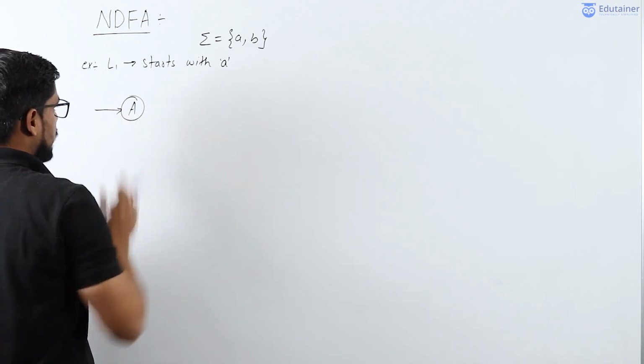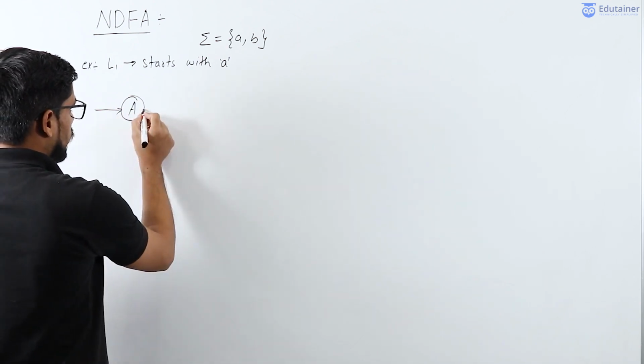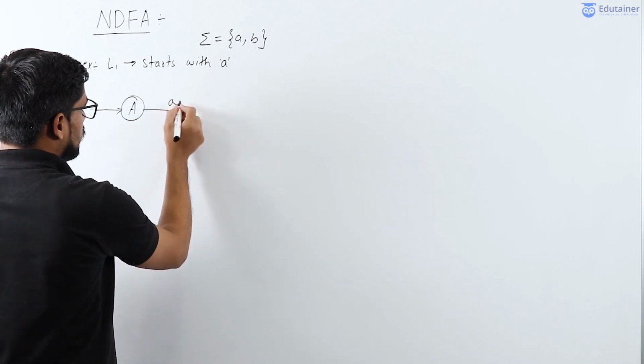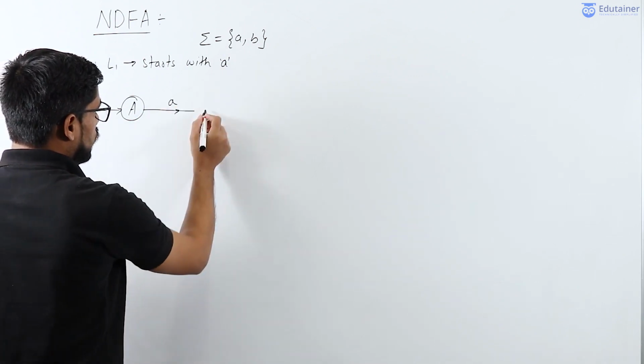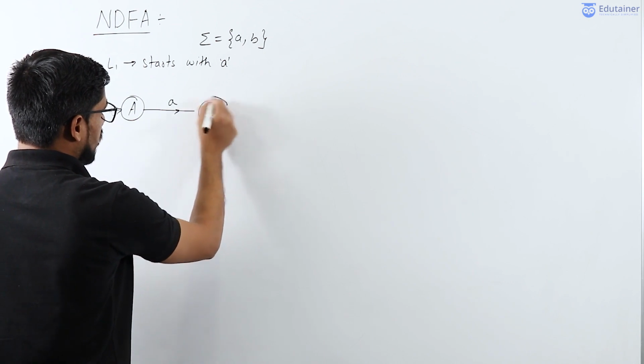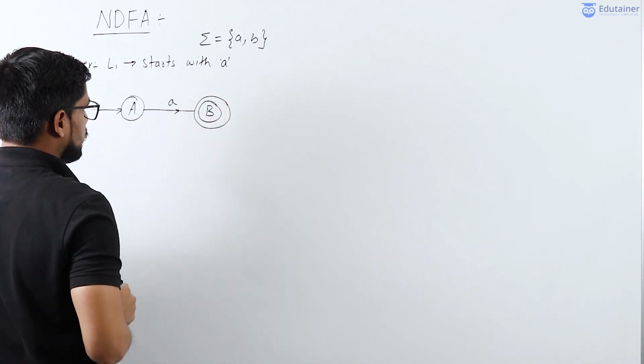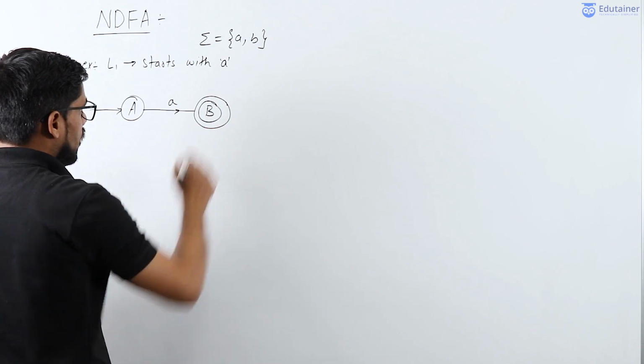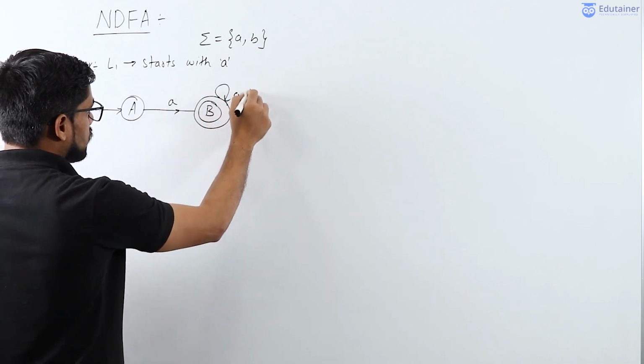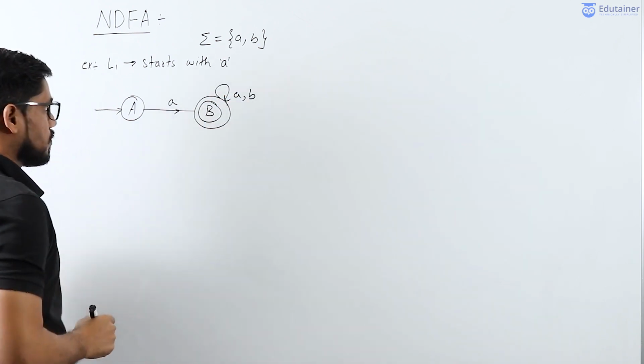First of all, there is an initial state, capital A, and if you see a symbol small a, you will go to the state capital B, which is the final state. Then you can accept any number of A's or any number of B's. That's all.